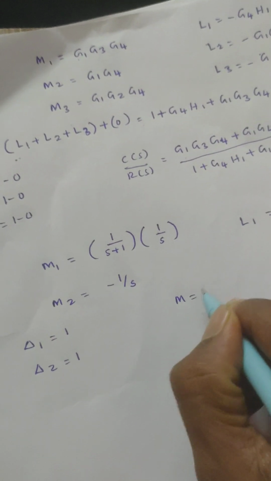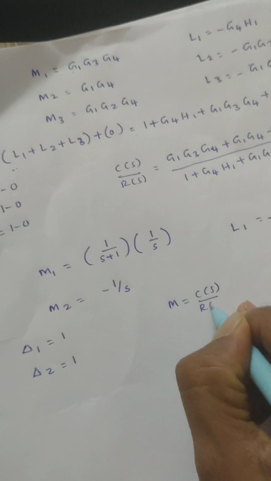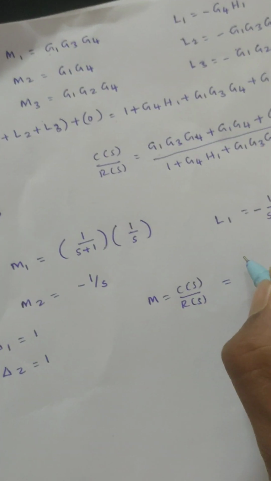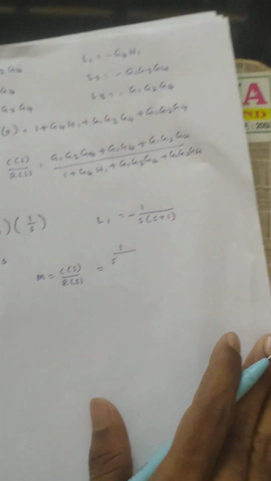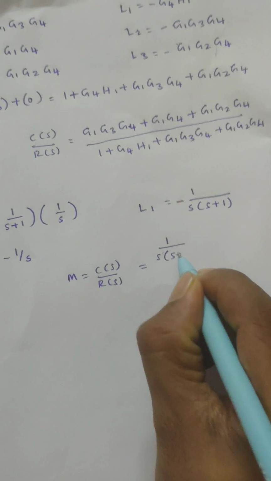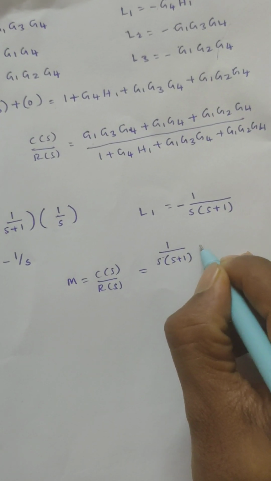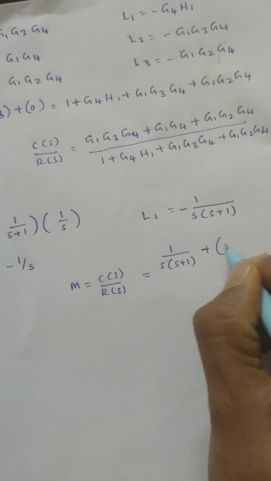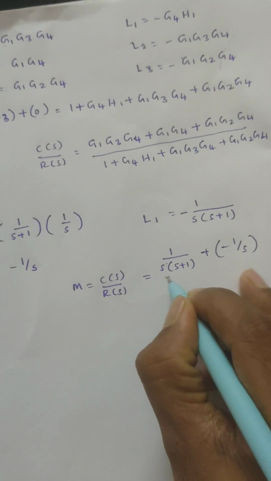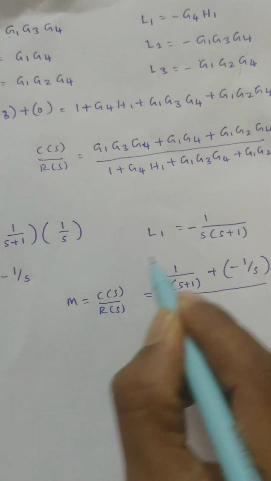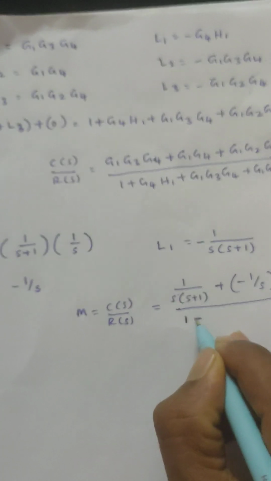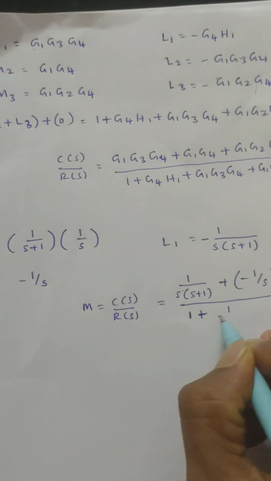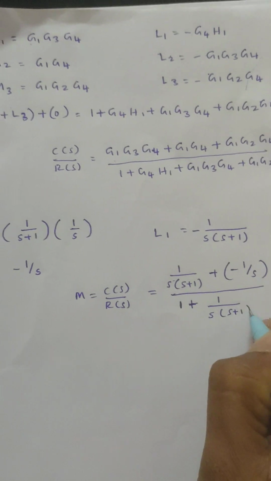Then Mason's gain formula, M is equal to C of S by R of S is equal to M1 delta 1, that value will be 1 by S into 1 by S plus 1, plus M2 value, minus 1 by S into 1, that is delta 2. Next, delta is nothing but 1 minus sum of loops, only one loop is present, here minus of minus you will get plus, that is 1 by S into S plus 1, right?